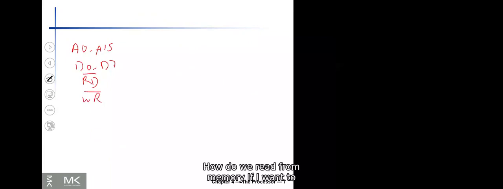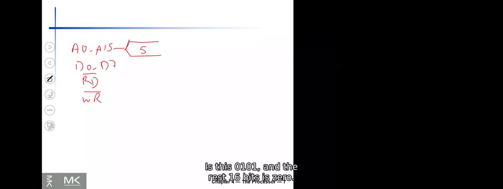So how do we read from memory? If I want to read from location 5 of this memory, this is just an example. What I do is that I first put the 5 value on A0 to A15.